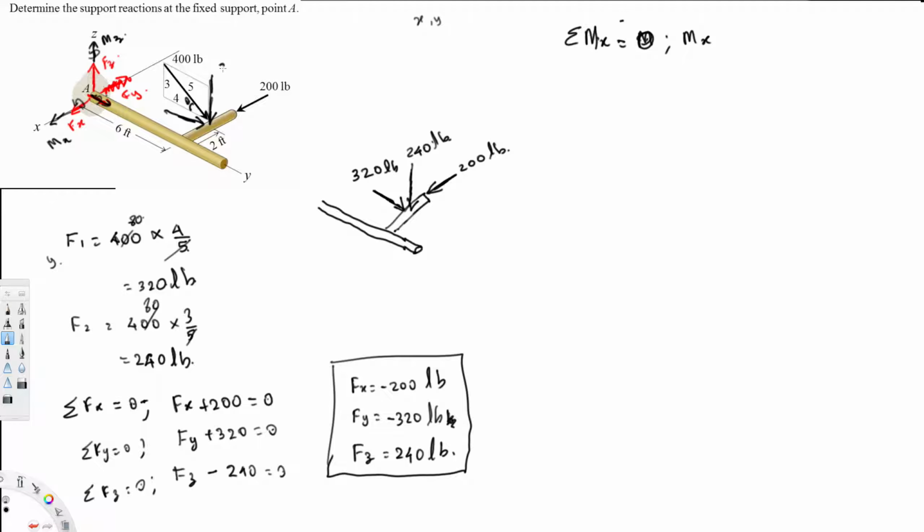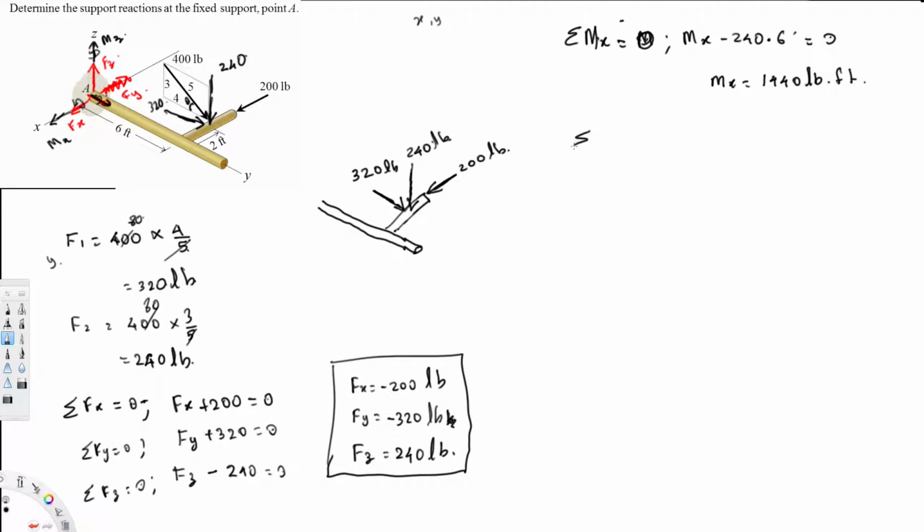This is my 240, this is 320. 240 pushing this object down, so it's going to be negative 240. We are taking the moment around x, so we have to take the y distance, which is 6. So times 6 equals 0. If I solve this, Mx comes out to be 1440 foot pounds.